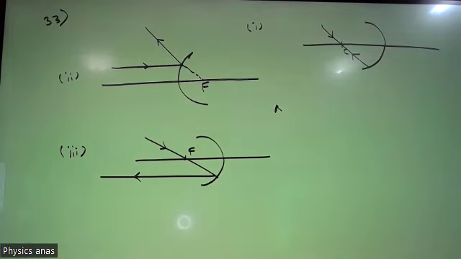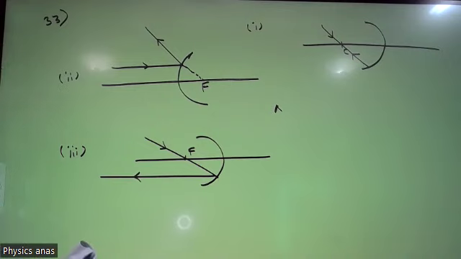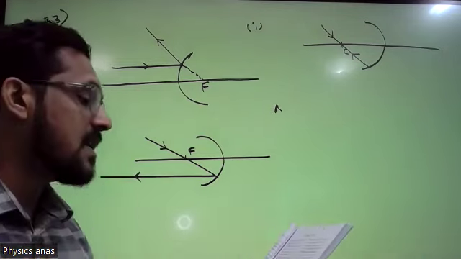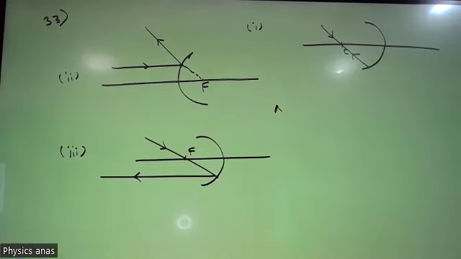We are discussing question number 34, and there is some data you should add to the question. A concave mirror is used for image formation for different positions of an object.